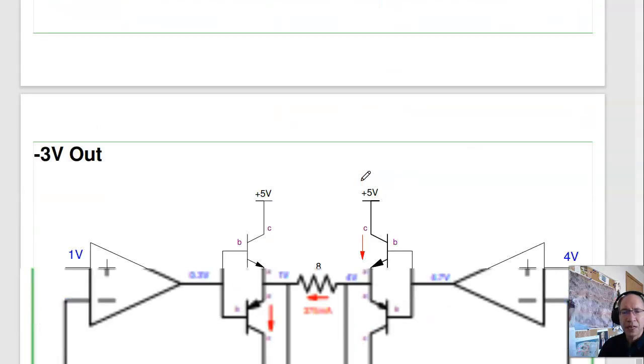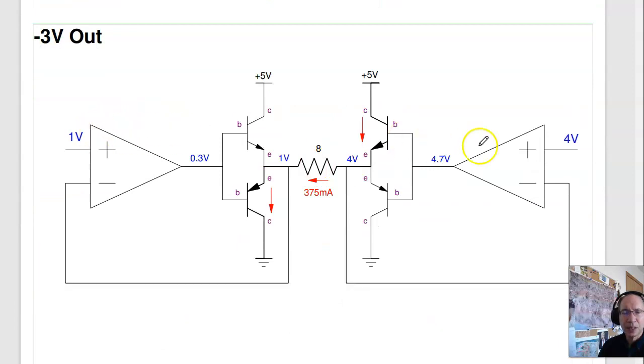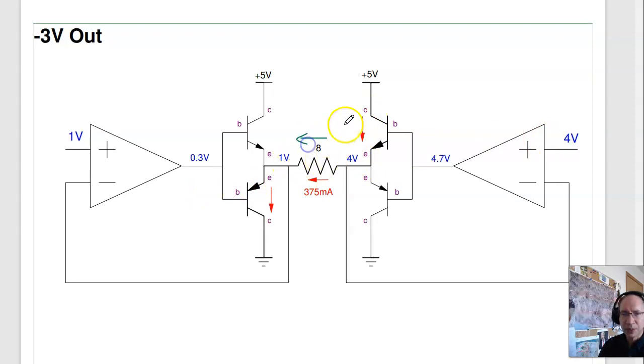If I have 1 volt in, this is 5 minus 1, 4 volts. In that case, this becomes 1 volt, 4 volts, current's going this way. This NPN turns on. So this is now sourcing current, that's push. Current's going down, so this one will also turn on a little bit. This is pull.